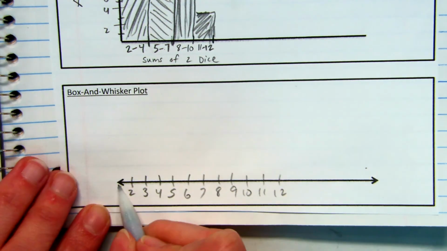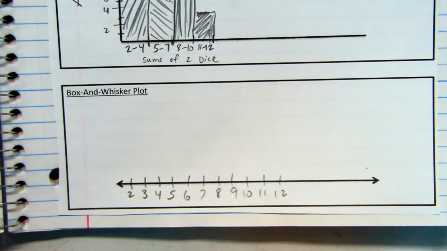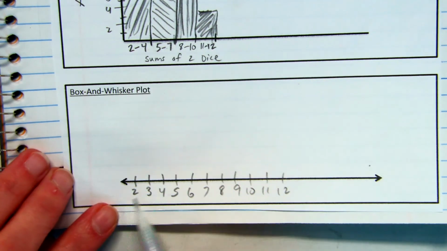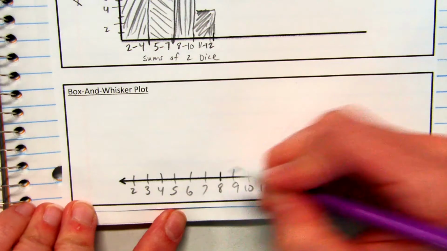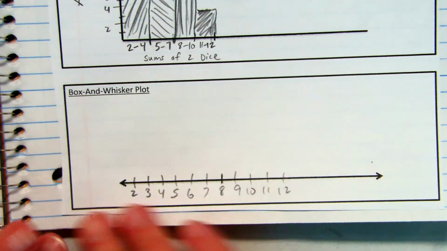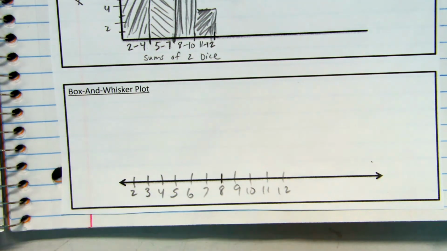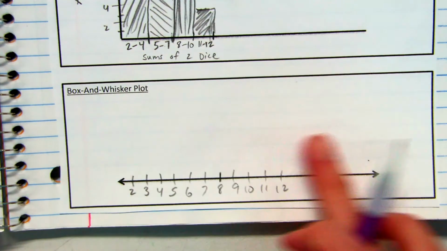And if you wanted to, you could have put 1 on here, but 1's technically not a possibility. All right, so you have all of your numbers theoretically evenly spaced. I didn't do a great job, but it's not as bad as I sometimes do. And so this is just the number line that's going to go underneath your graph. Your graph's going to go in the space up here.